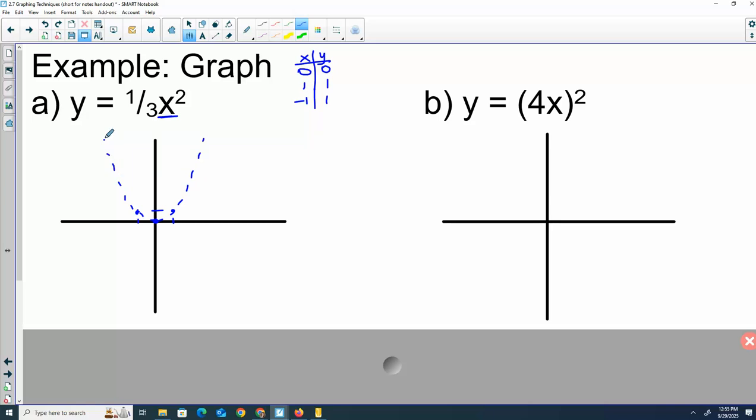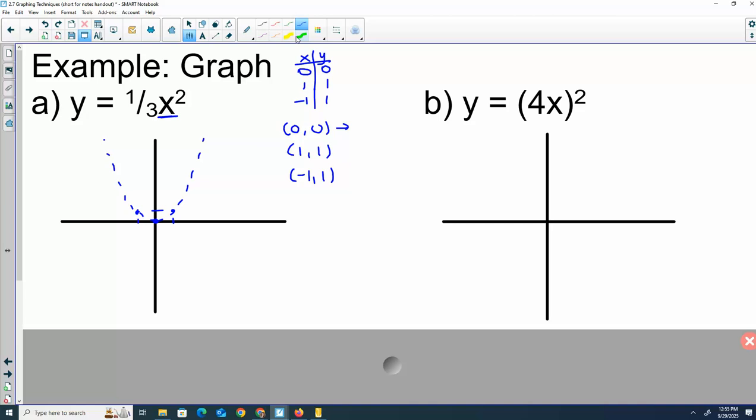Then we look at the 1/3. Anything on the outside is changing y, and it does what it says. So I say that's on the outside because I'm not squaring the 1/3. It's not in parentheses there. So you could, if you need to, write out your points. Totally optional. Outside is y, does what it says.